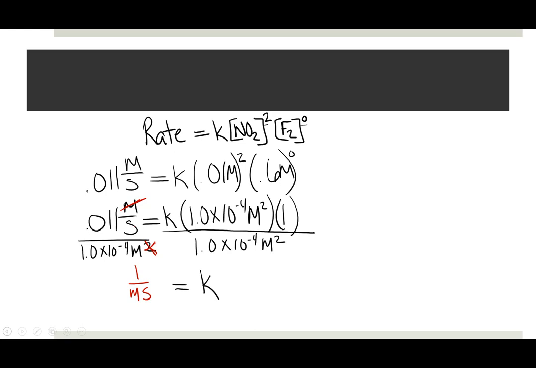So 0.011 divided by 1.0 times 10^-4, and we get 110. Okay, and again, another way to write the units here, 110 M^-1 s^-1.